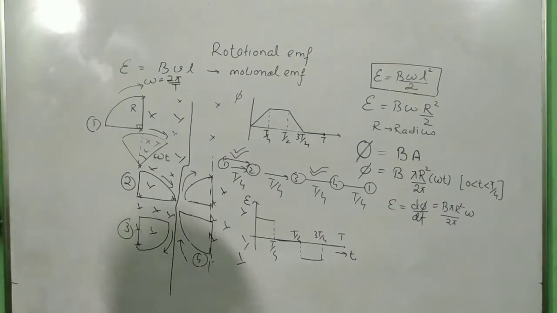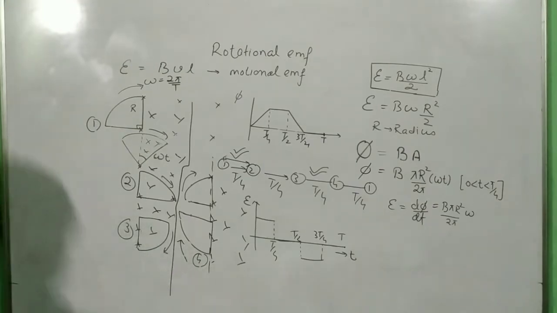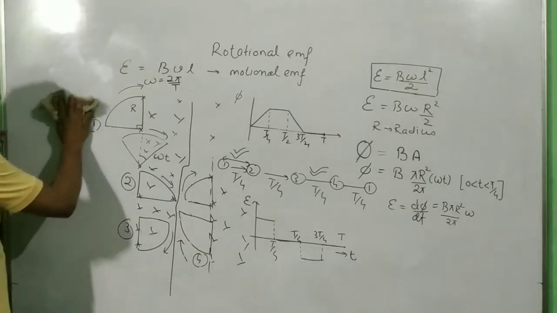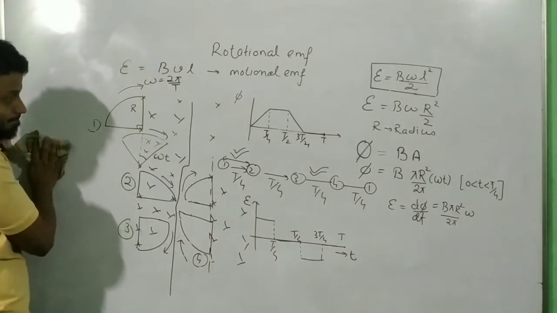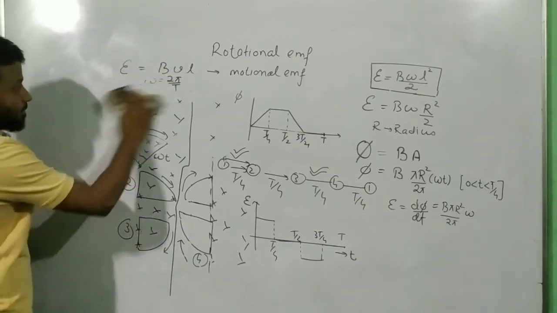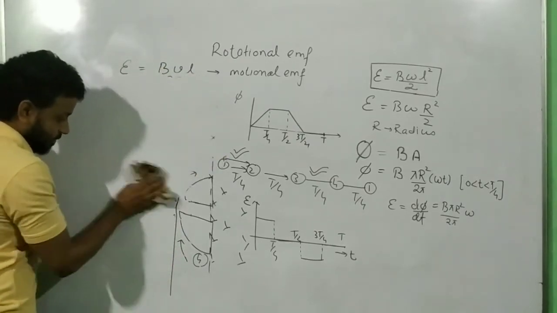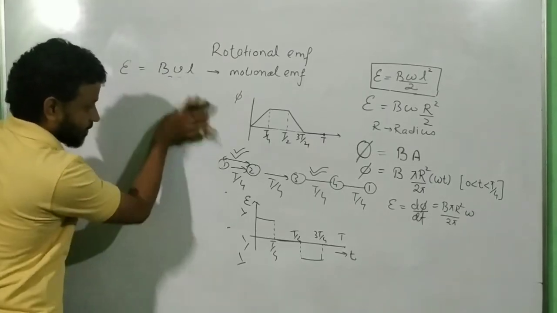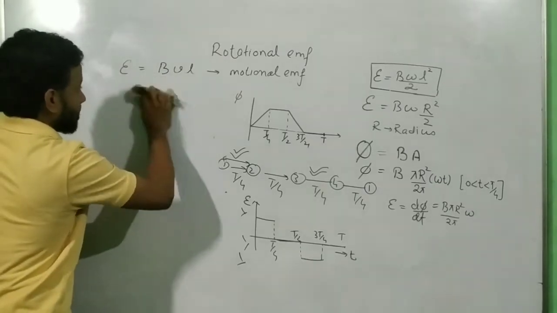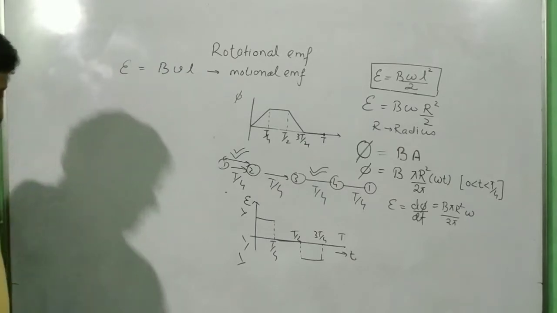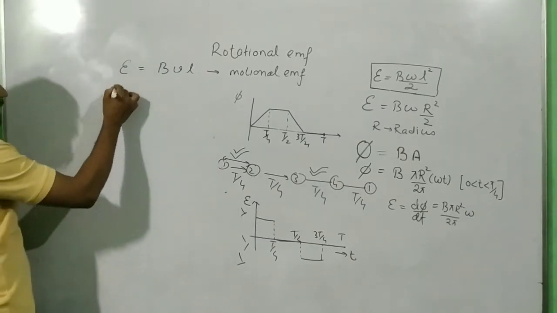How does the question change if instead of taking a quadrant, I take a semicircle?